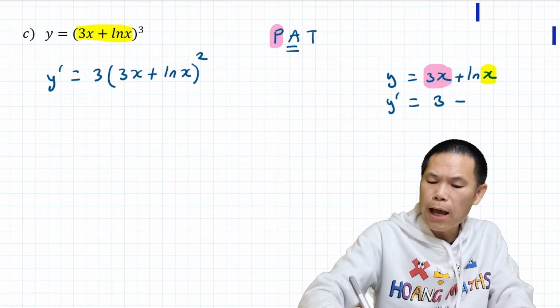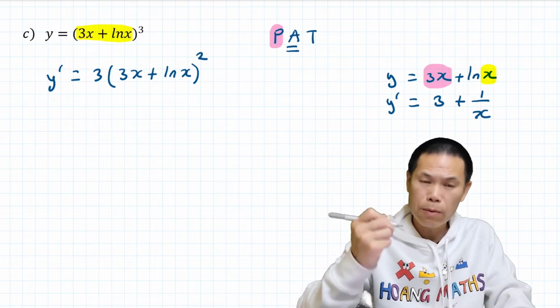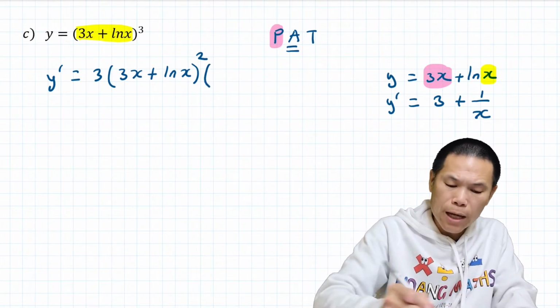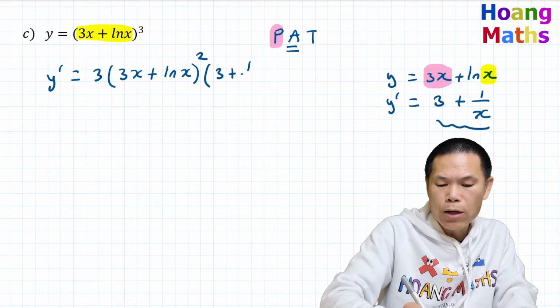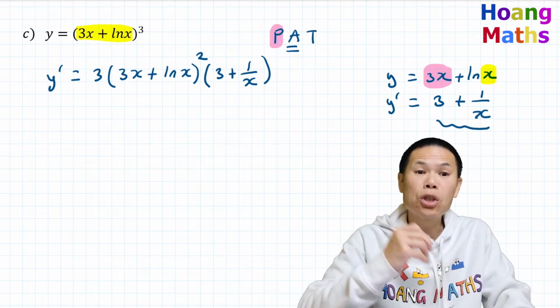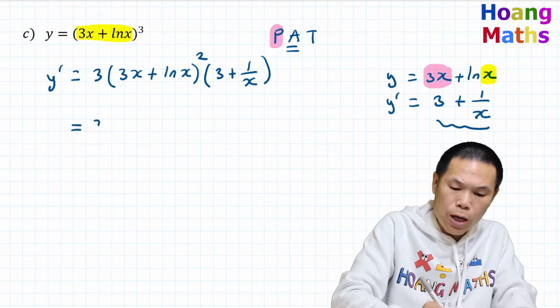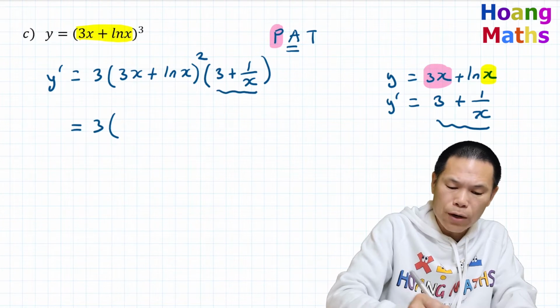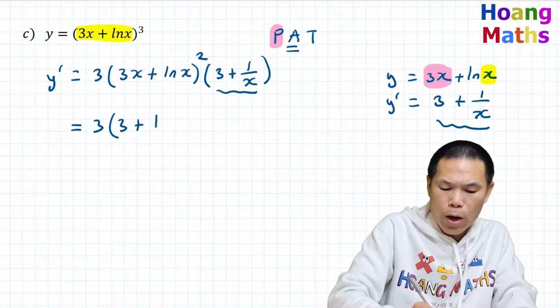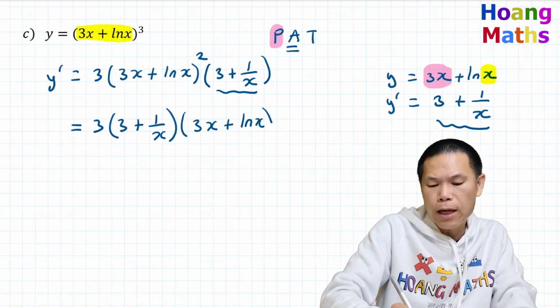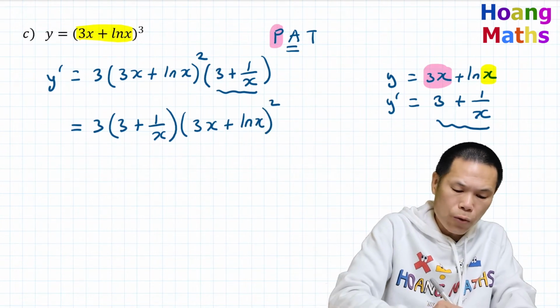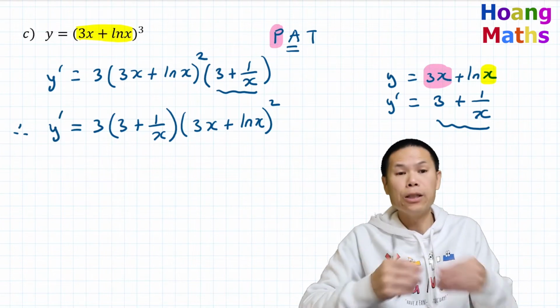So that becomes plus 1 over x. That is the angle. So we times by the derivative of the angle, which gives me 3 plus 1 over x. Now let me tidy this up. That will give me 3, brackets, I bring this in front here, 3 plus 1 over x, and then times by (3x plus ln of x) all power of 2. So therefore, this is y dash.